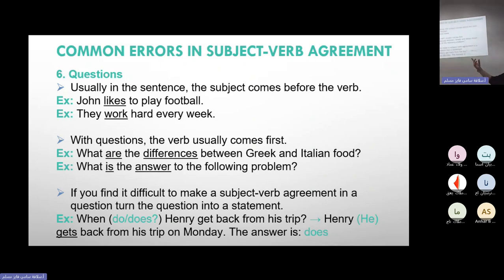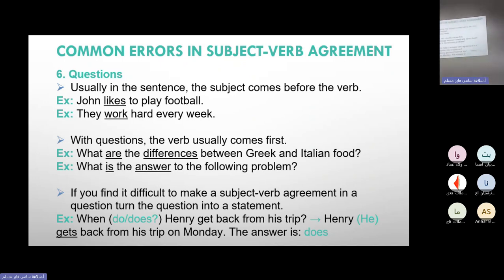In the first sentence the subject was plural, so the verb should be plural: differences are. In the second sentence the subject is singular, so the verb should be singular: answer refers to the pronoun it, so it takes is. If you find it difficult to make subject-verb agreement in a question, turn the question into a statement.